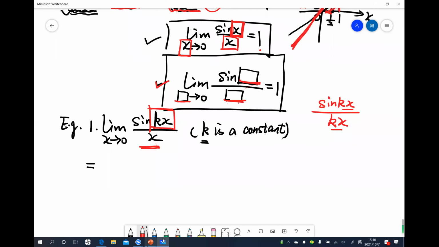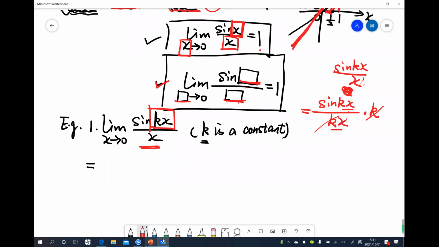But the original function is sine kx by x, right? They are not equivalent, right? So to make these two parts equivalent, we must multiply by k here. Because k is a constant and k can be cancelled, then they are the same. Can you understand?